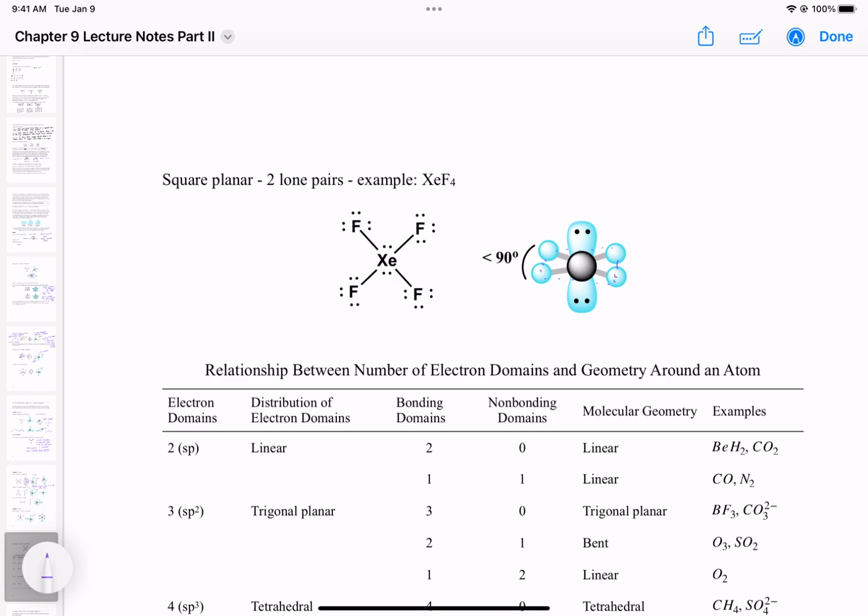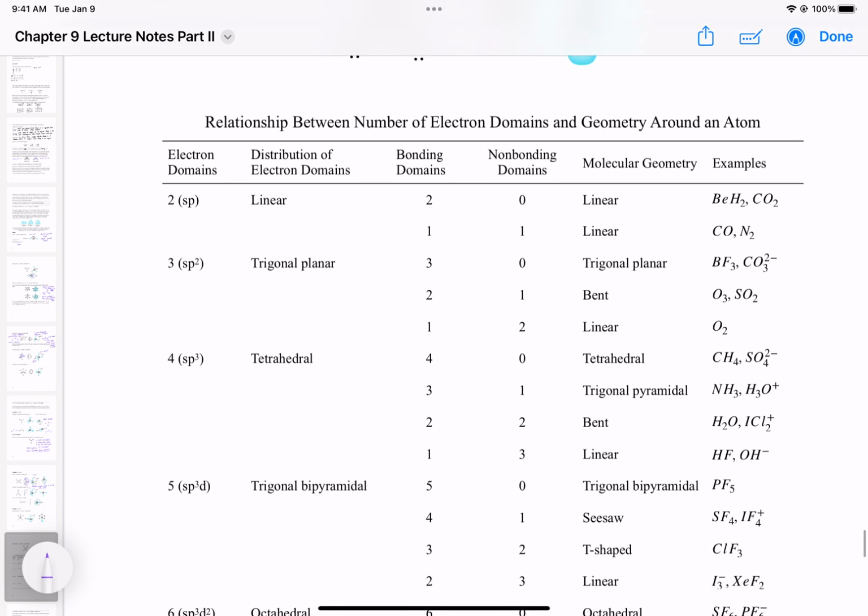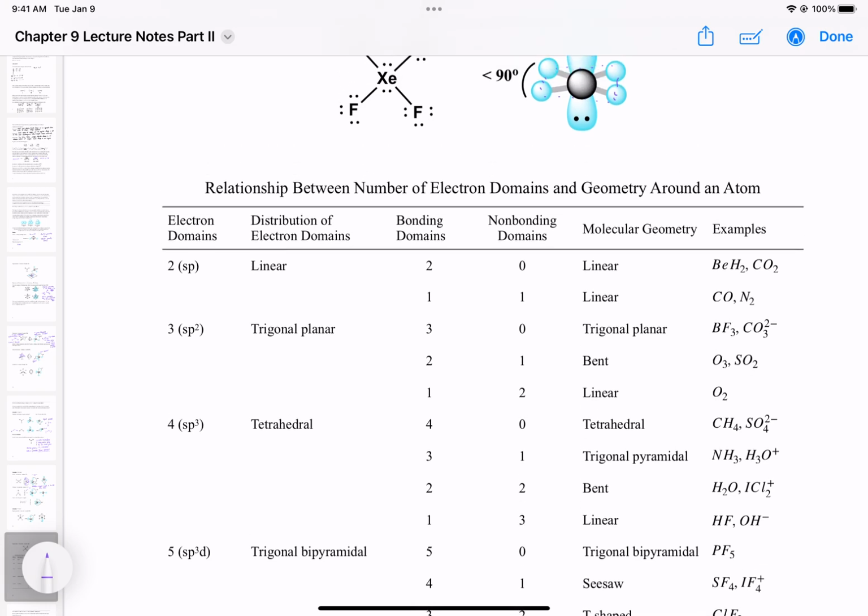Okay? All right, so here's a little chart that kind of depicts all the examples I went over. You see here, if we have 2 electron domains, we can have a linear compound like carbon dioxide. And then when you don't have a central atom, when there's only 2 atoms in your compound, it's automatically linear. So like carbon monoxide and the nitrogen molecule.